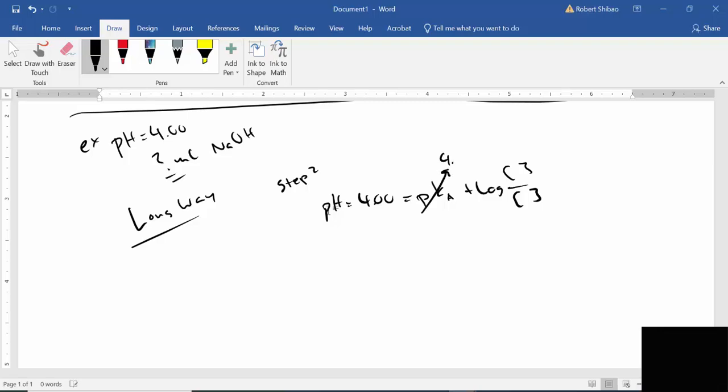The pKa is 4.74. And so what we're going to get is the log of the ratio is equal to 4 minus 4.74, which is minus 0.74.